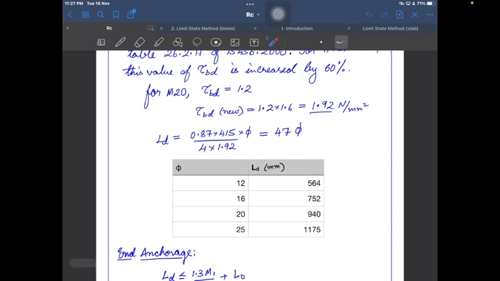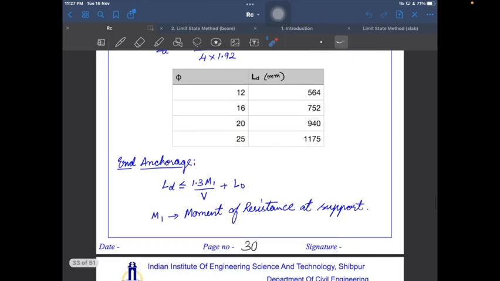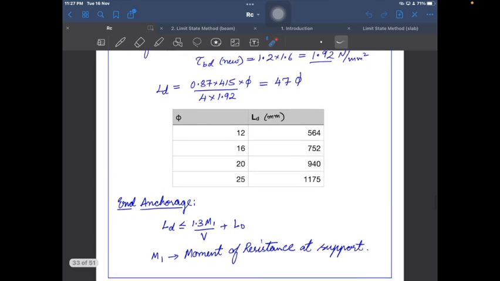Based on this we have got LD. For 12 mm bars, this is my development length. For 16 mm bars, this is my development length. It's as simple as that.